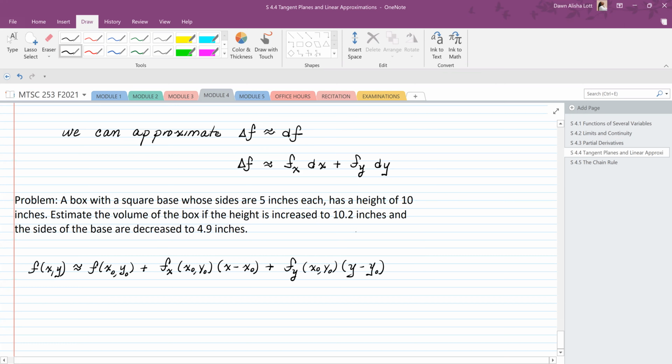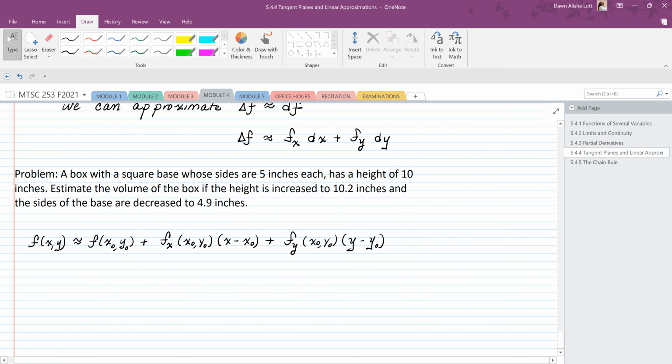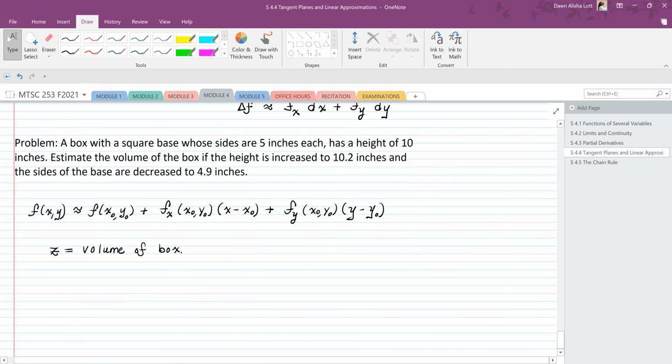This is the approximate new value. In this particular problem, z is the volume of the box. The box has a square base, so the volume of the box is x times x times y.